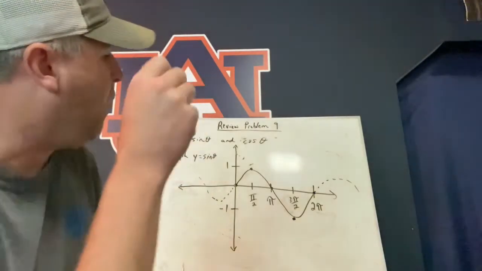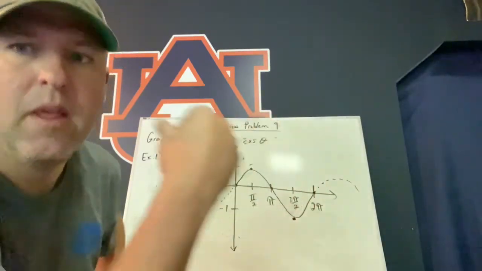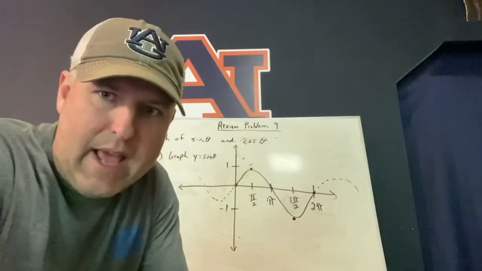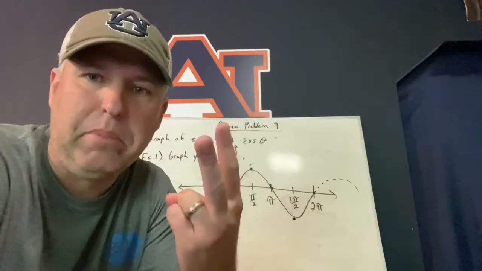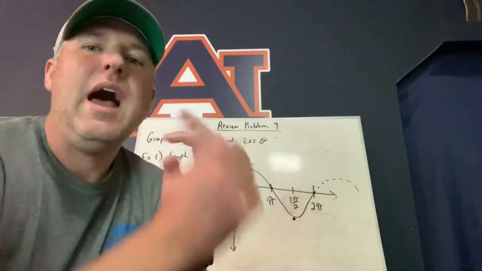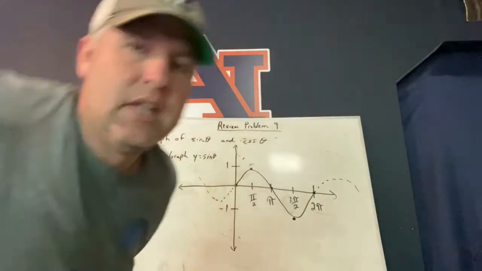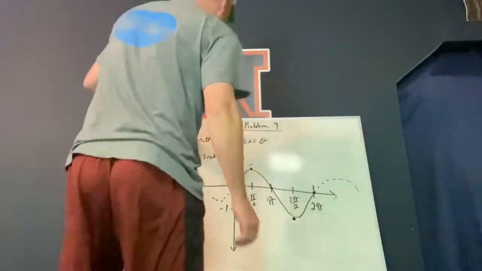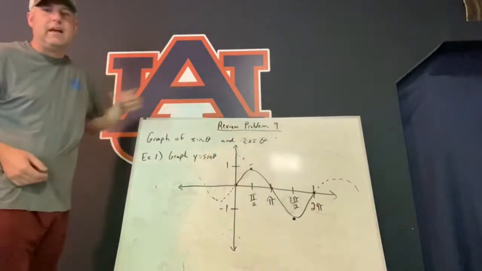Now, why does it complete a full cycle at 2 pi? Sine and cosine always complete a cycle at 2 pi. Always. How does that change? That changes if there's a number in between the word sine and our angle theta.